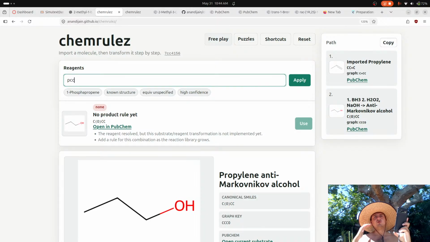Right now, let's say we have 1-bromo-2-methylcyclohexane, and I put in a strong base like ethoxide. It comes up with 2 options, which is awesome. They're both E2. One is the major E2 and the other is the minor E2.